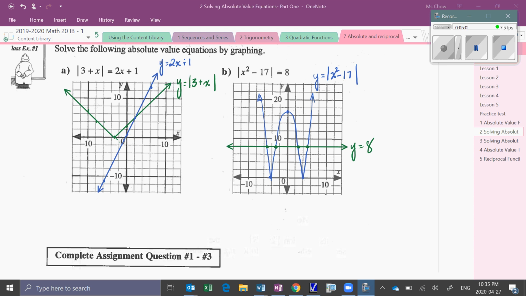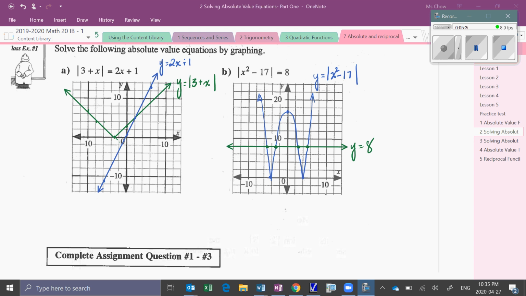Okay, so in my first graph, I've got the left side, absolute value of 3 plus x, is this green function right here. You can see again that piecewise function with our subdomains happening at that x-intercept of -3. So when x is less than -3, the graph looks like a negative slope, so it's negative x minus 3.